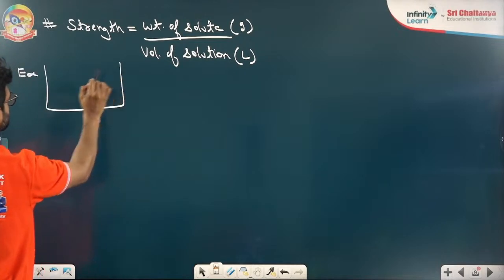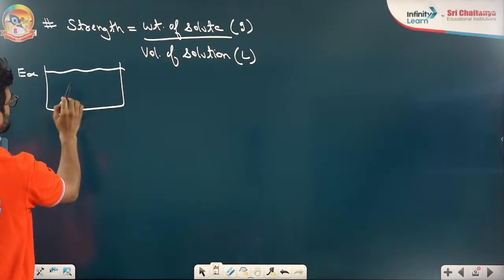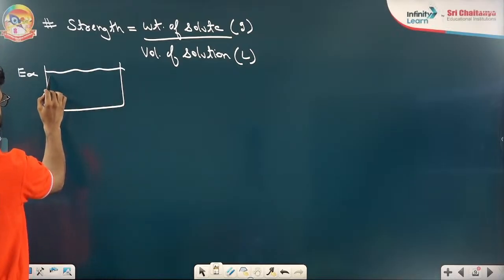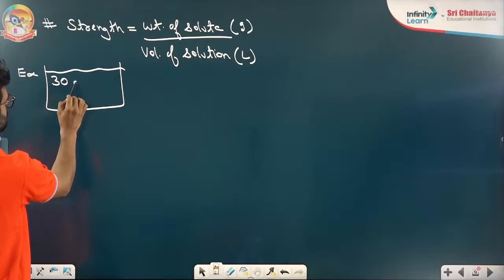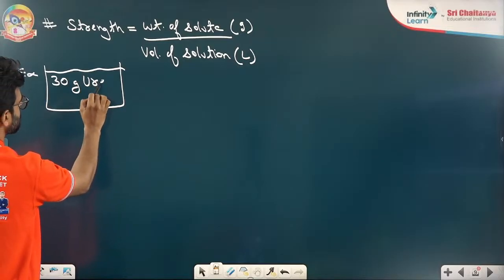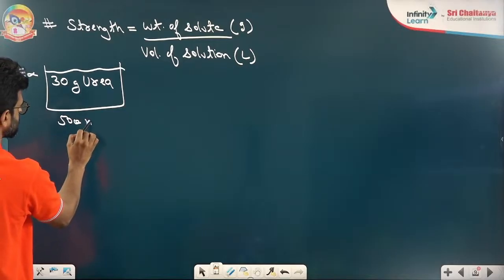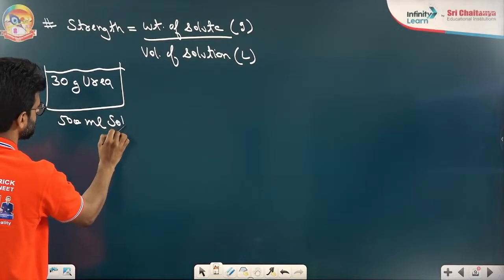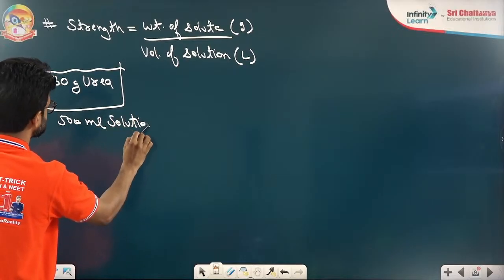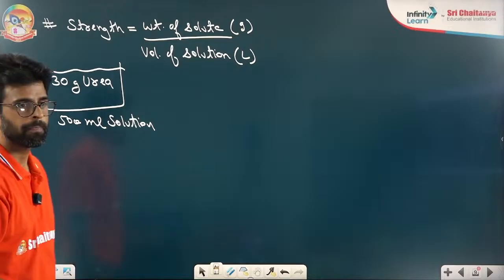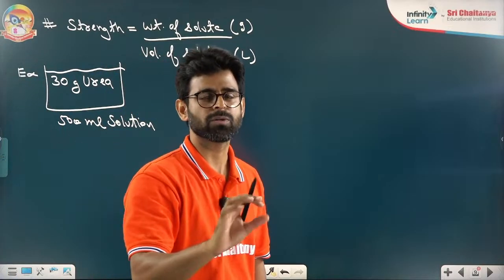Here I'm saying we are having 30 gram of urea in solution, and we are having 500 ml solution. So please tell me the strength of solution.